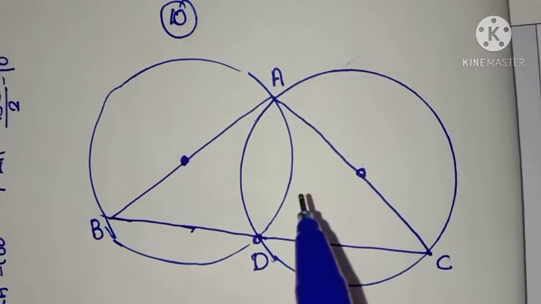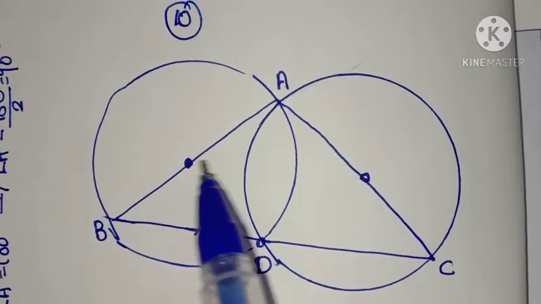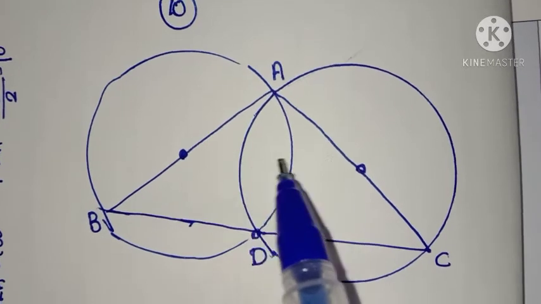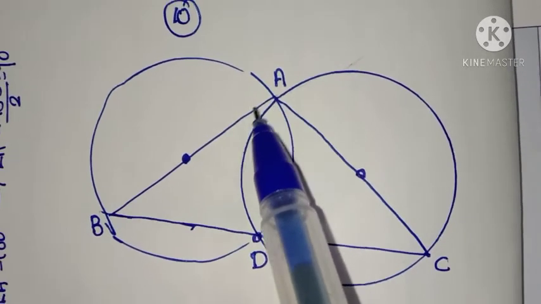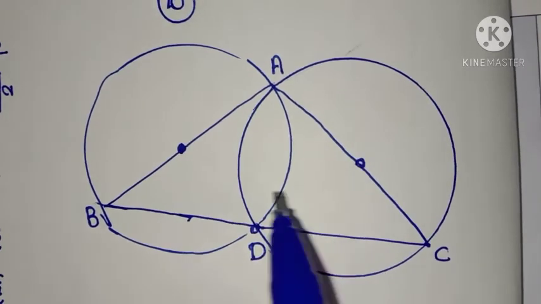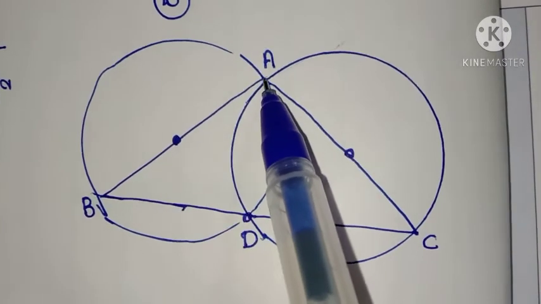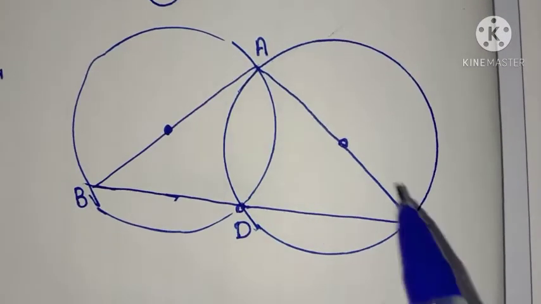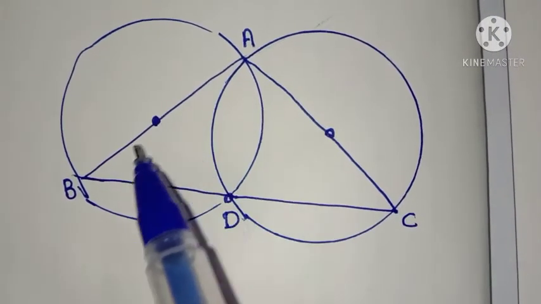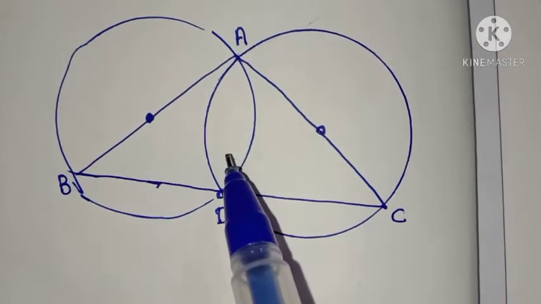Number 10. Listen. Two circles are drawn. In these two circles, we draw a triangle in such a manner that two sides of this triangle are diameters. So in the triangle ABC, the sides AB and AC are diameters of these circles.